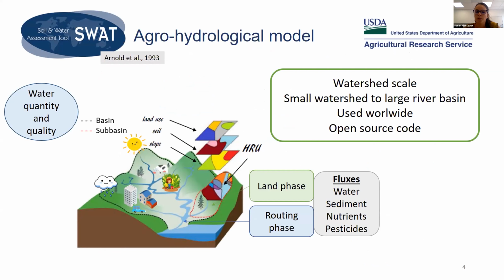It is composed of two phases: the land phase, which calculates the fluxes and the processes in the land, and then the routing phase that calculates the processes in the water. The fluxes that are taken into account are water, sediment, nutrients, and pesticides. It's a small watershed to large basin model, and it was used worldwide.